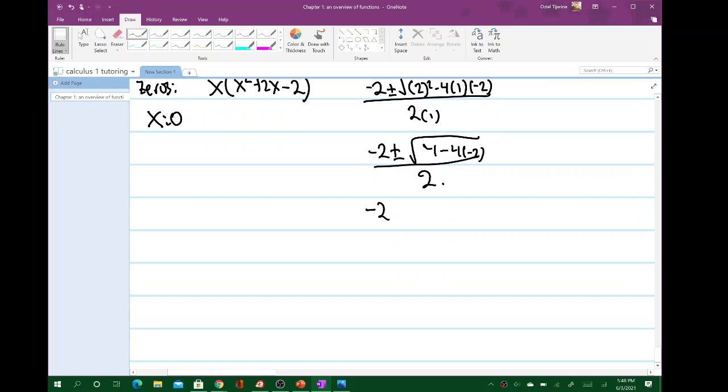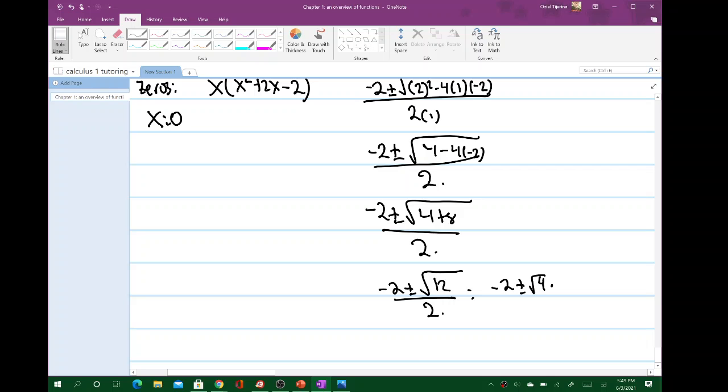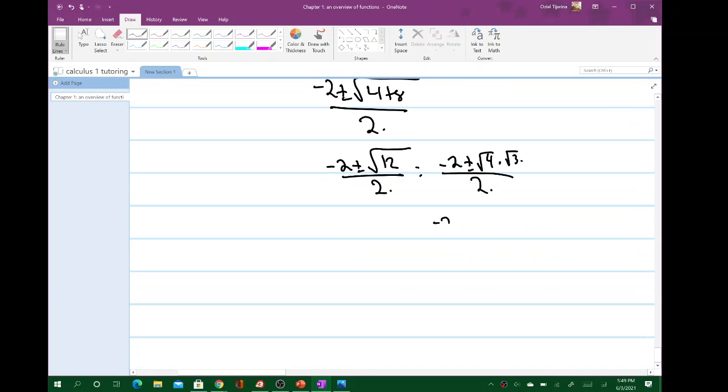Then -2 plus or minus the square root of 4 plus 8 all over 2, -2 plus or minus the square root of 12 all over 2. That's equal to -2 plus or minus, and you split it into two square roots: the square root of 4 times the square root of 3, all over 2. Then you say -2 plus or minus 2 square root 3, all over 2.